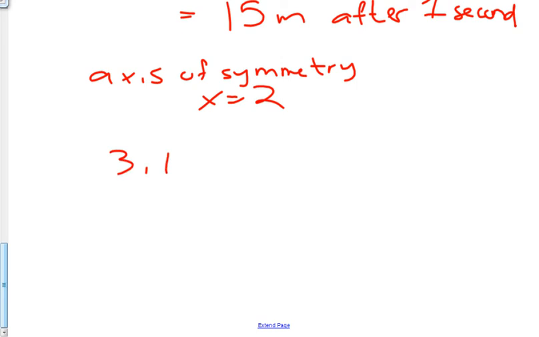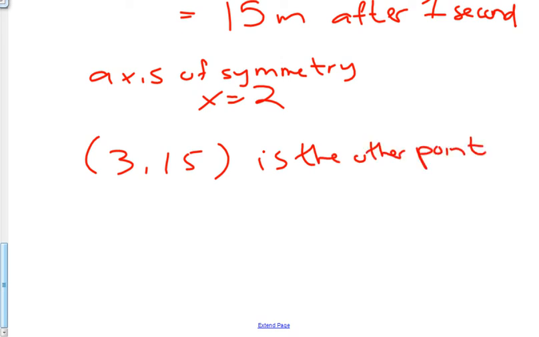So 3, 15 is the other point where the ball is above the ground by 15 meters. So therefore, it was also at 3 seconds. That's when the ball was on its way down. So here I had it on its way up at 1 second. Here I had it on its way down at 3 seconds.